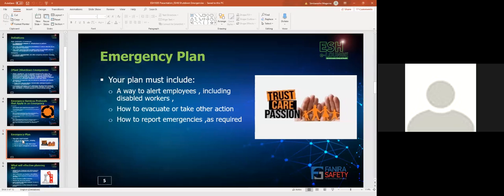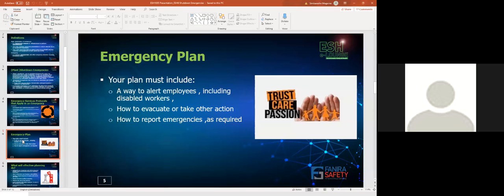We should ensure that we have a way to alert the employees, including the disabled workers, as Mr. Gellod has been highlighting in his previous toolbox talk. Remember, a lot of people forget what people should do in case of an emergency.